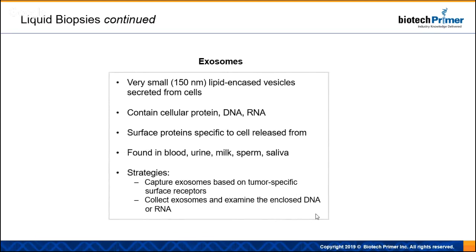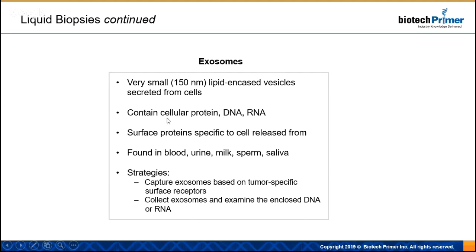Exosomes. This is another area of liquid biopsies. Exosomes are small lipid encased vesicles that are secreted from cells. Again, they're secreted from all cells, not just tumor cells, but we can analyze protein, DNA, RNA.